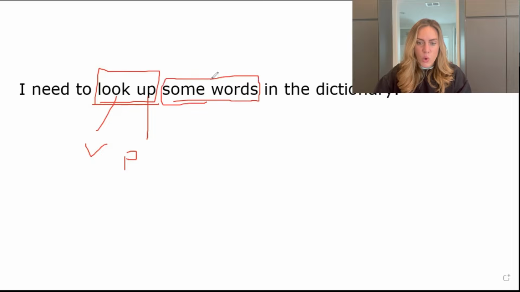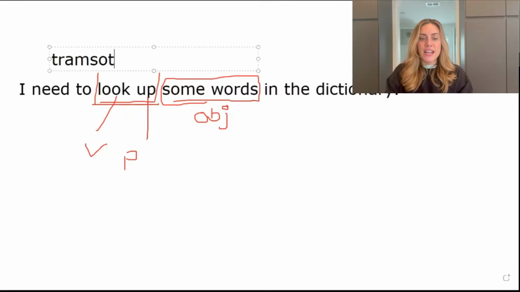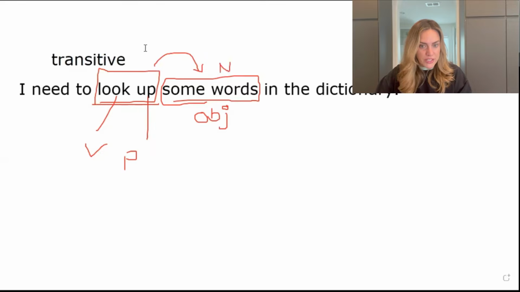Now, this verb does have an object after it. You see, some words. That is a noun, and so therefore, that is an object. That is an object that is coming after the phrasal verb, look up. So therefore, this phrasal verb is a transitive phrasal verb because it takes an object, okay?